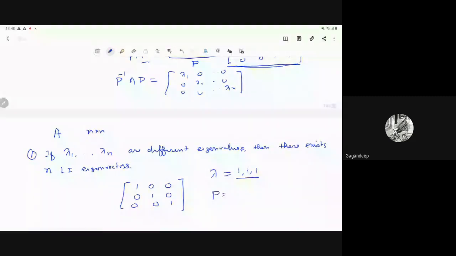Itself. These are the eigenvectors. So for A equal to I3, if I solve P inverse AP, I will get I3 again because P is I3 and A is also I3. Correct?